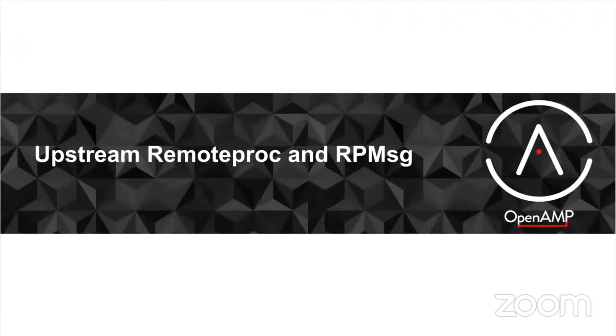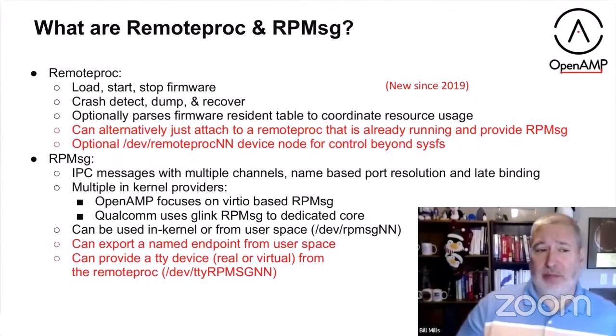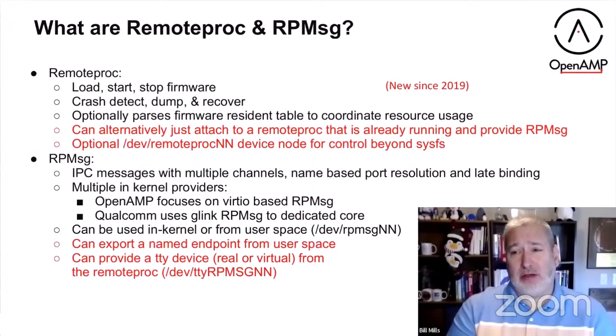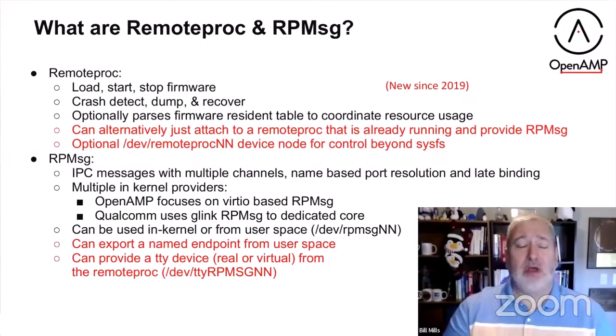All right, so now we're going to talk about Upstream, Remote Proc, and rpmsg. So what are Remote Proc and rpmsg? Remote Proc is a facility to let you load, start, and stop firmware on remote processors. It lets you do crash detection, crash dump, crash recovery.